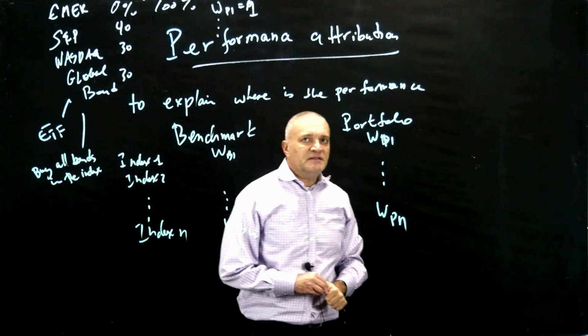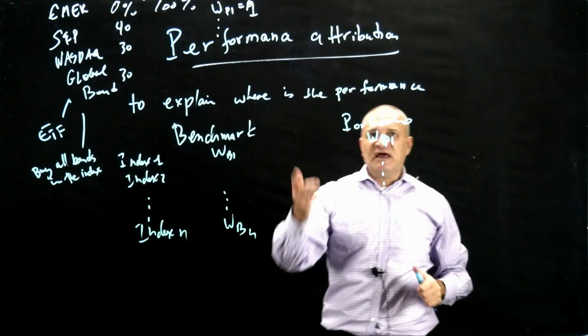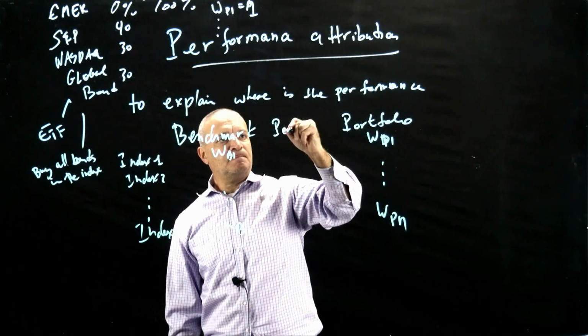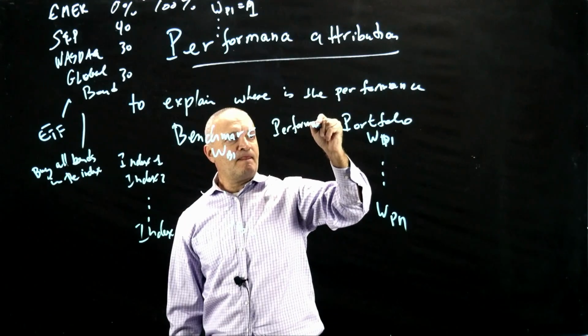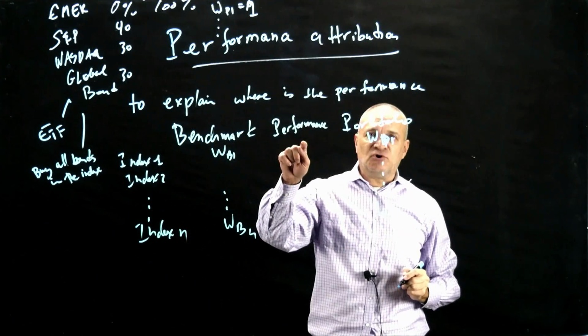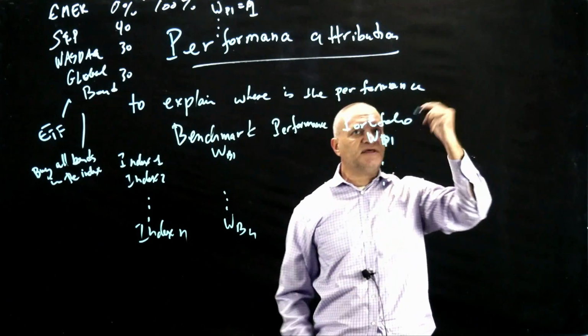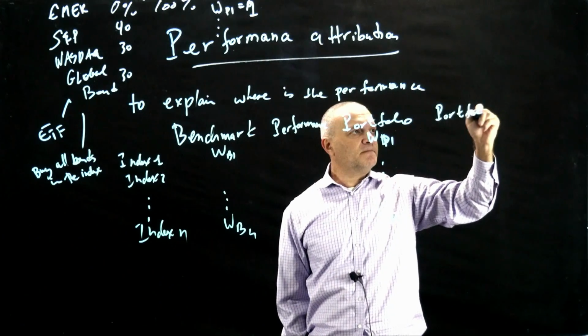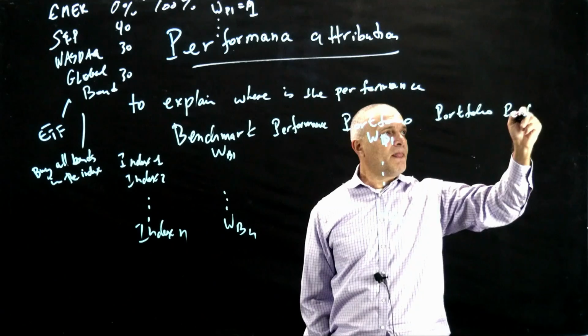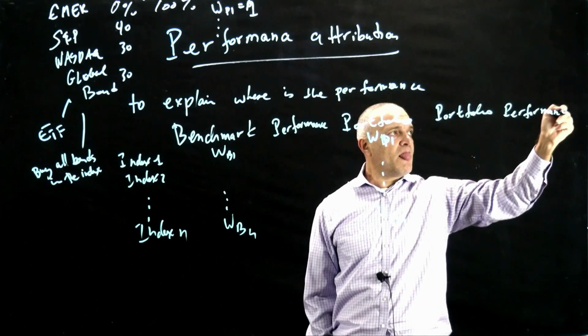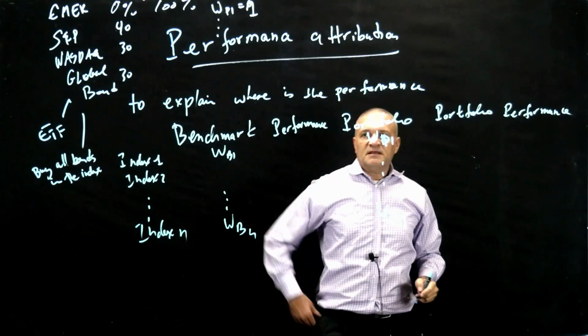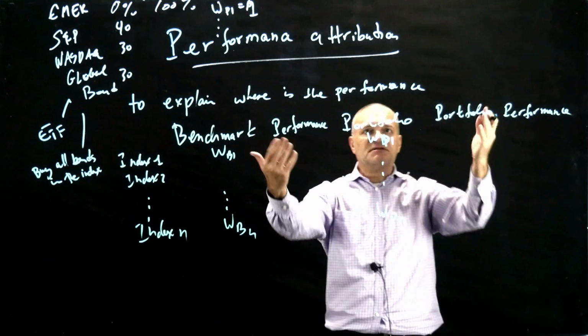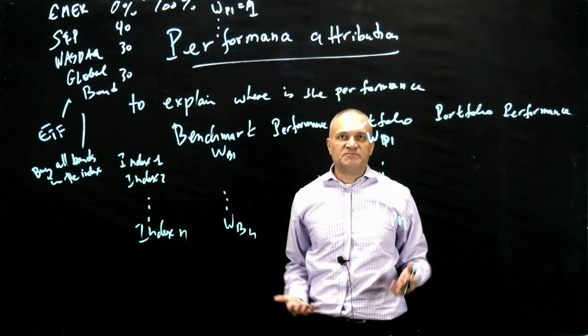Now, each one of those has performance. You have a benchmark performance for each of those, and then you have a portfolio performance for each of those. Why would the benchmark performance be different from the portfolio performance?